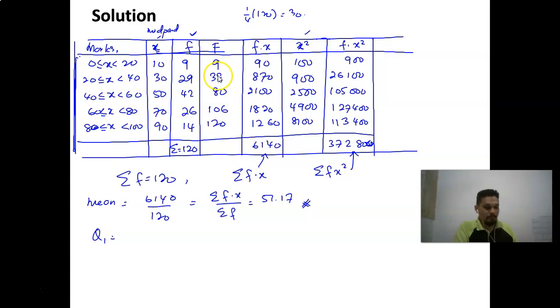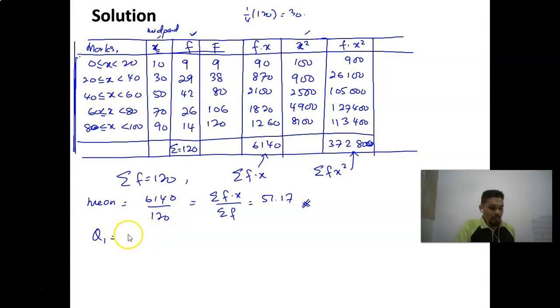So the lowest class boundary here is 20, the cumulative frequency before is 9, and the frequency of the class of the first quartile is 29. Okay, so the class size equals 20.